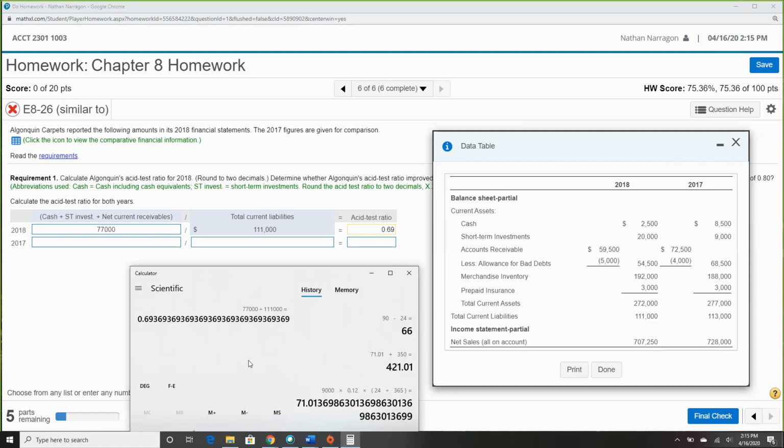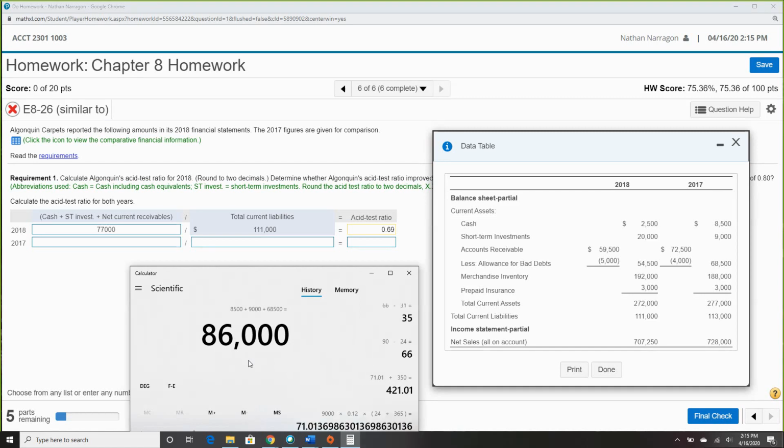So for 2017, it's going to be the cash plus short term, 9,000, plus the net of accounts receivable, which is just our AR minus allowance for bad debts, or what they've already figured out, 68,500.